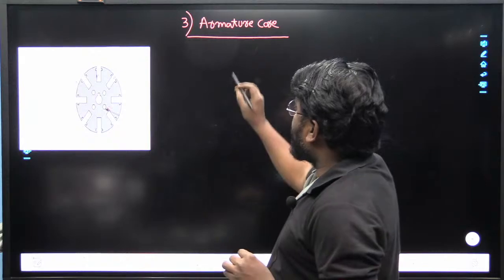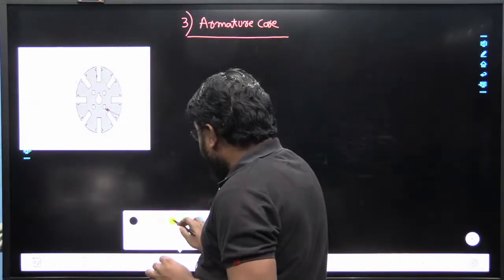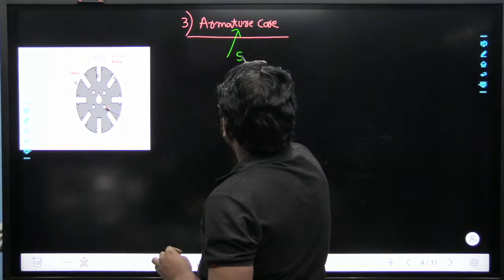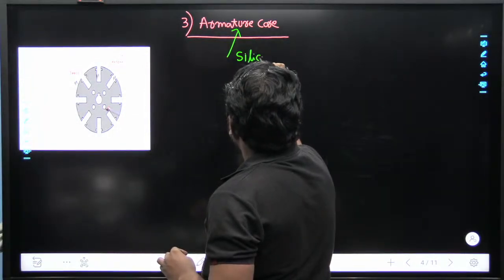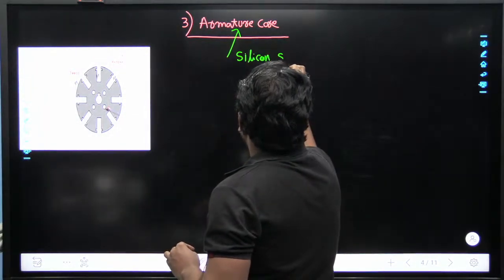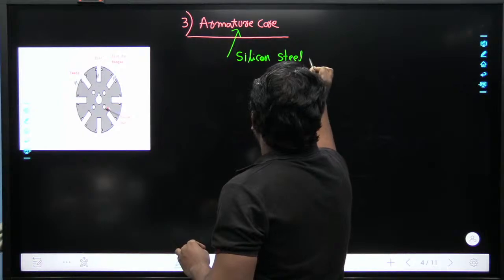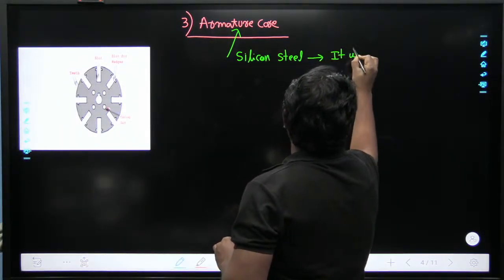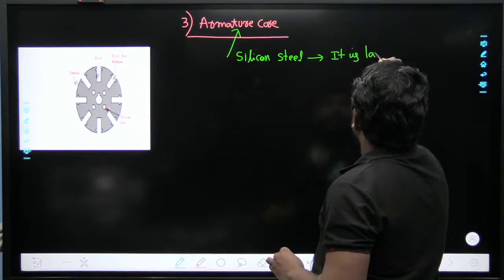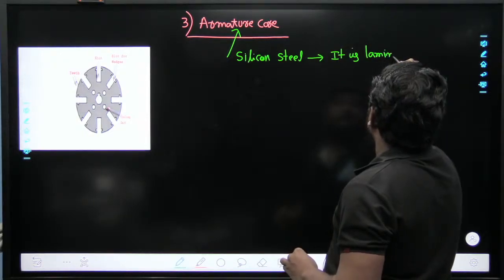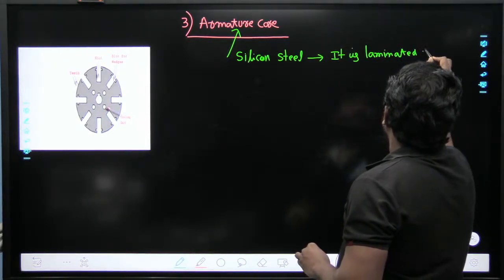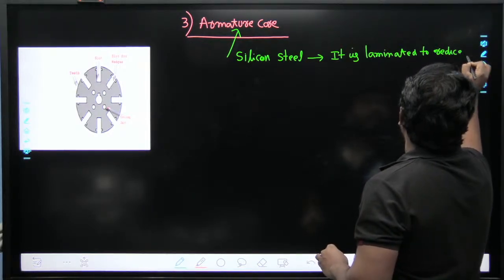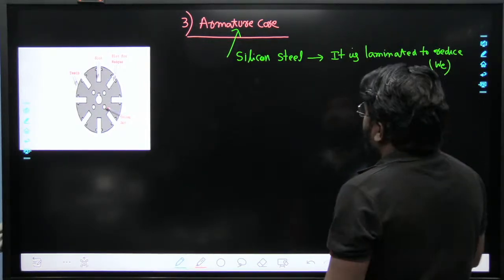The armature core is made with silicon steel material and it is laminated to reduce eddy current losses. Why?